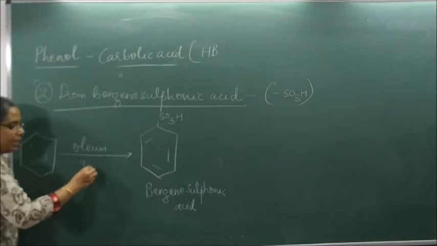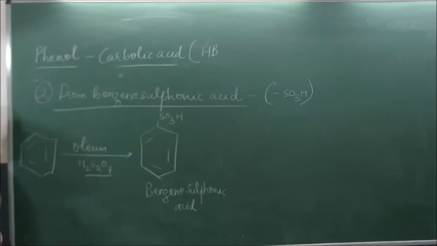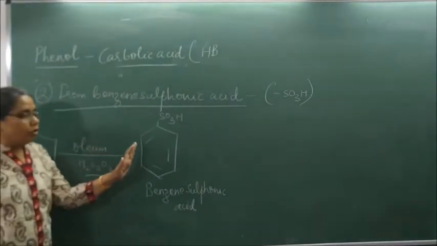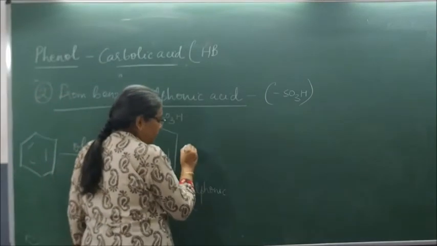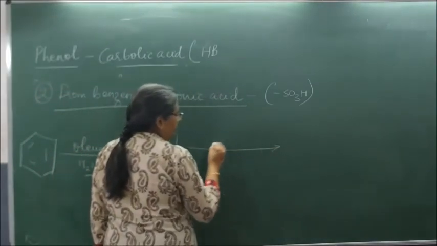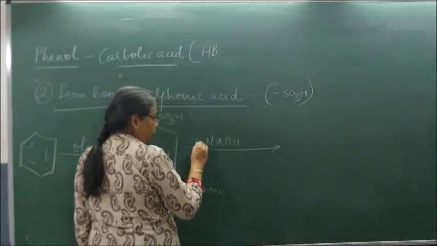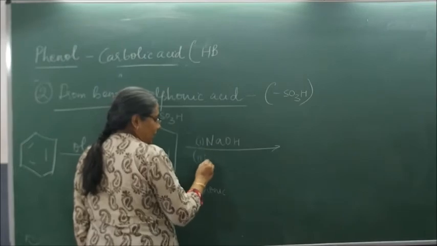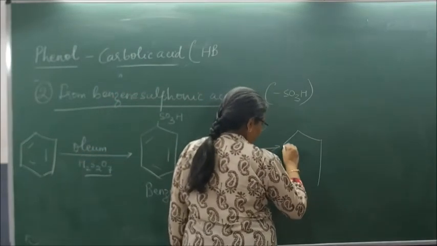Oleum is H2S2O7. When benzene reacts with oleum, it forms benzene sulfonic acid. This benzene sulfonic acid reacts with NaOH to give the first compound, and then it gets acidified with HCl to give phenol.